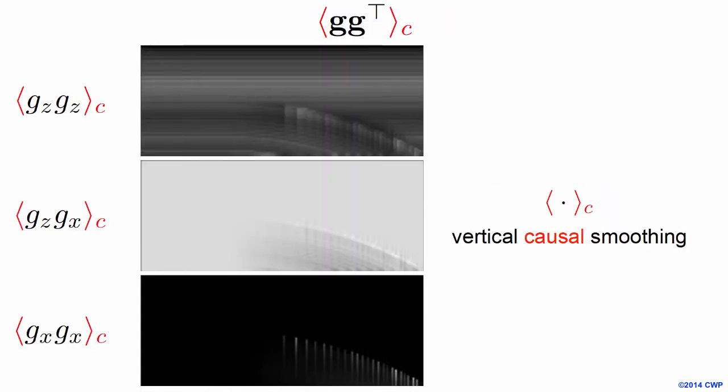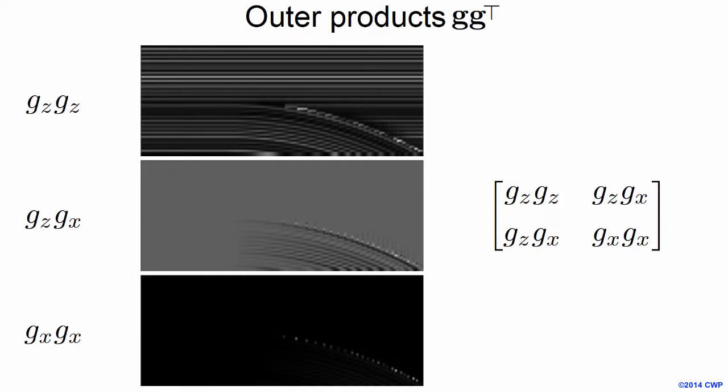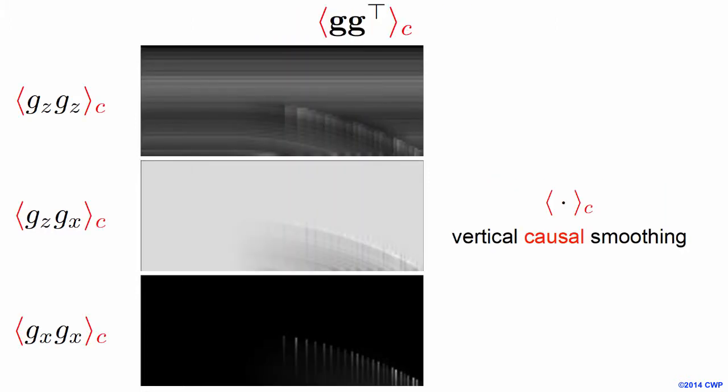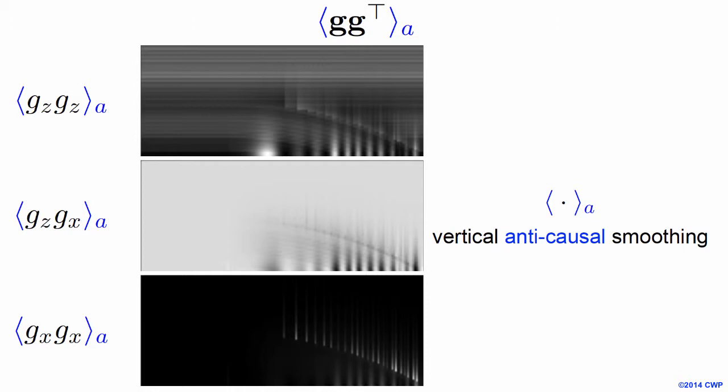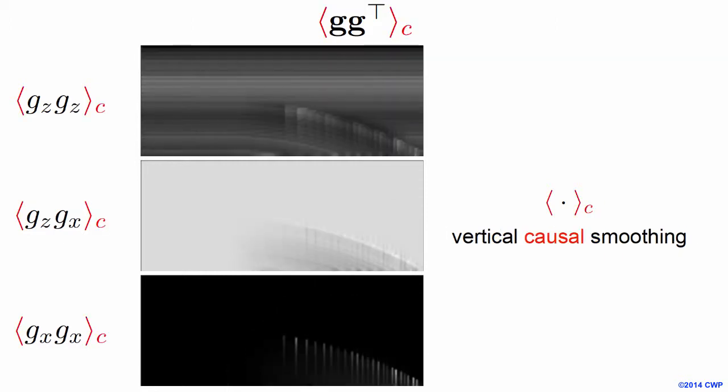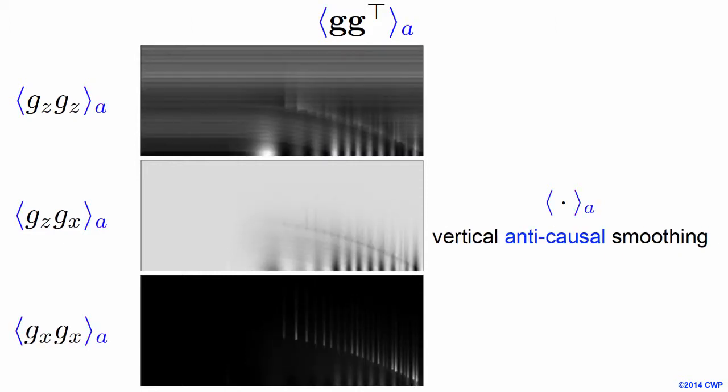We observe that after applying this vertical causal smoothing filter, the structures in these 3 images are smoothed from above to below. But if we apply a vertical anti-causal smoothing filter, then the structures in these 3 images will smooth from below to above.